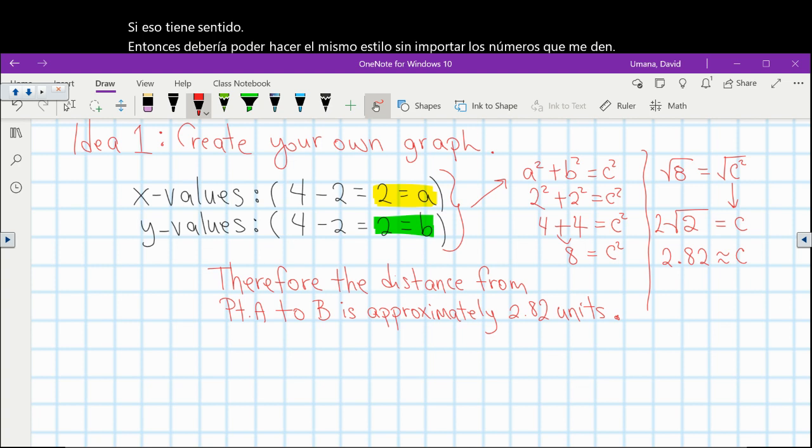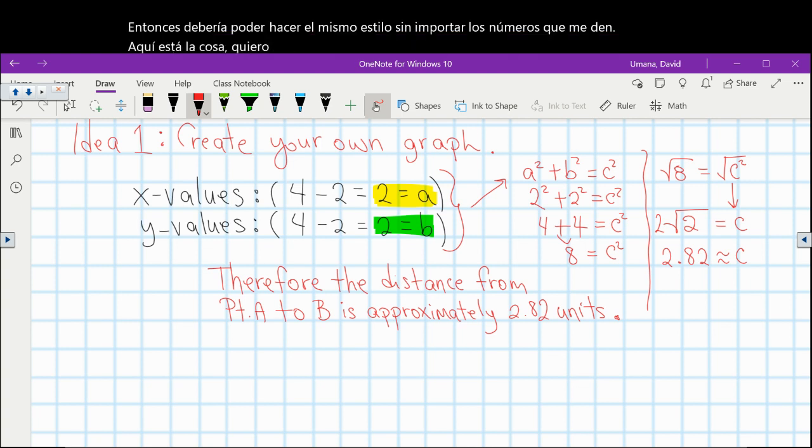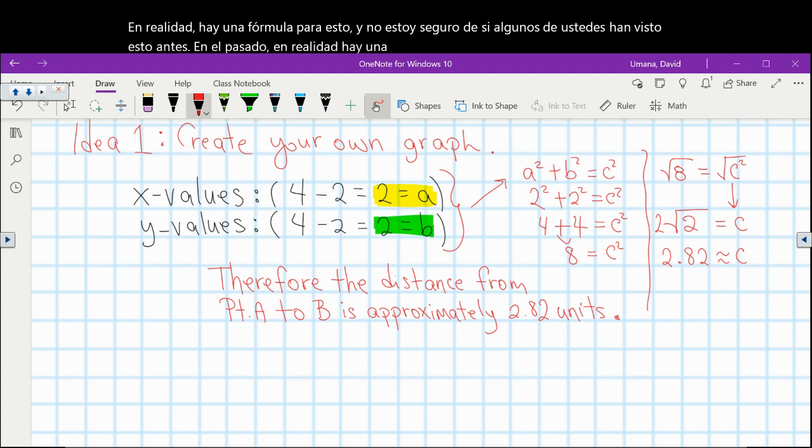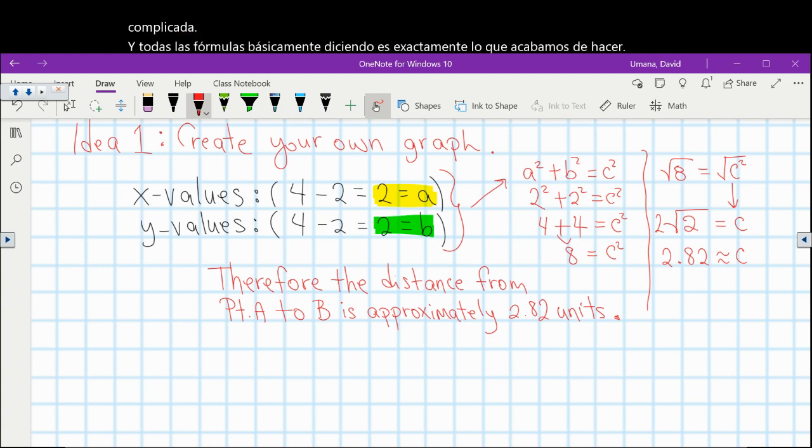Here's the thing I want you to think about. There's actually a formula for this, and I'm not sure if some of you have seen this before in the past. But it's a very complicated looking formula. And all the formula is basically saying is exactly what we just did. It just makes it look in a complicated way.